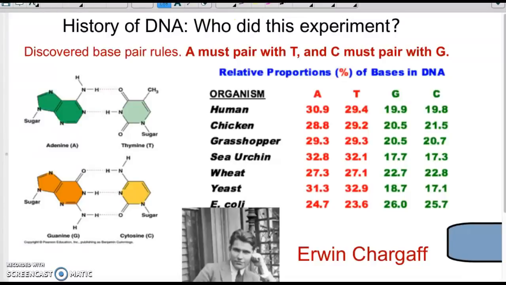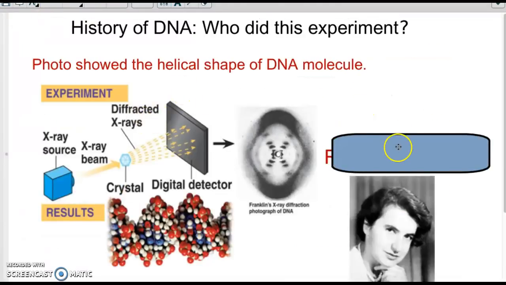For example, in humans, he saw 30.9 adenines and 29.4 thymines, which is very, very close to being equal, and the same thing with guanines and cytosines. So he determined that adenine bases bond with thymine bases, and guanine bases bond with cytosines. We still wanted to know what DNA looks like, what its shape is, and they were still trying to figure that out.